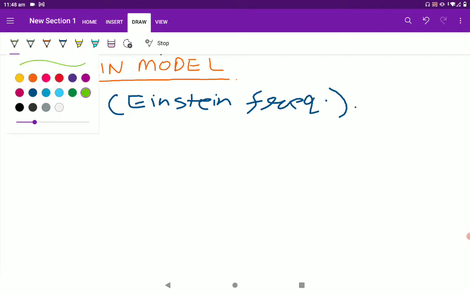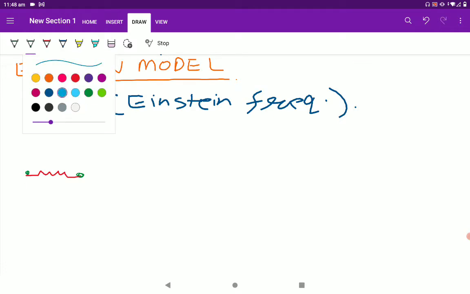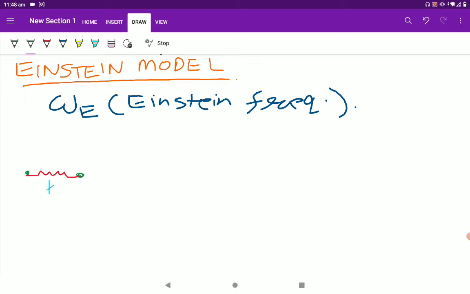Now suppose these are two atoms connected by a spring of spring constant K and mass M. So we can write the Einstein frequency as omega E, that is angular frequency equal to 2 pi times this frequency.